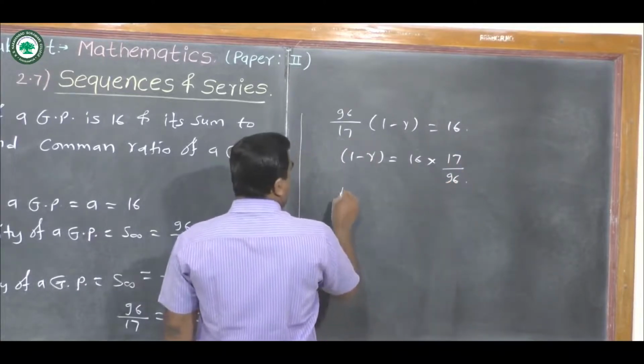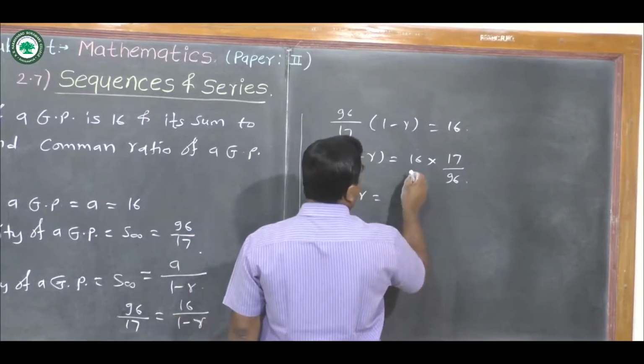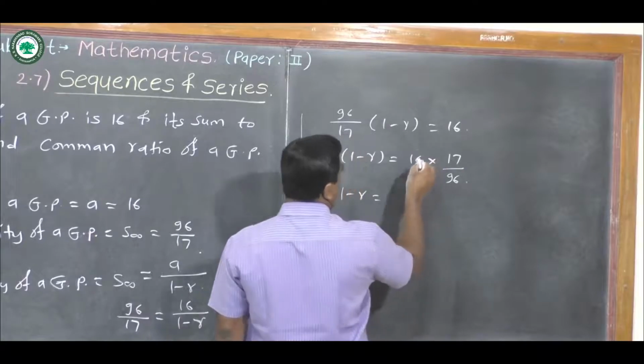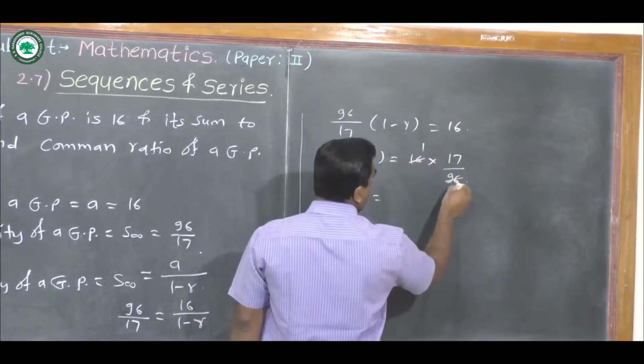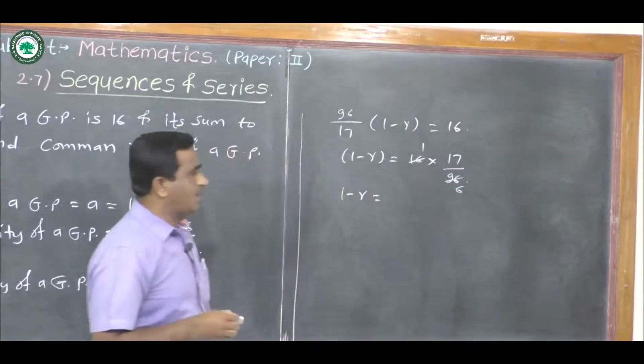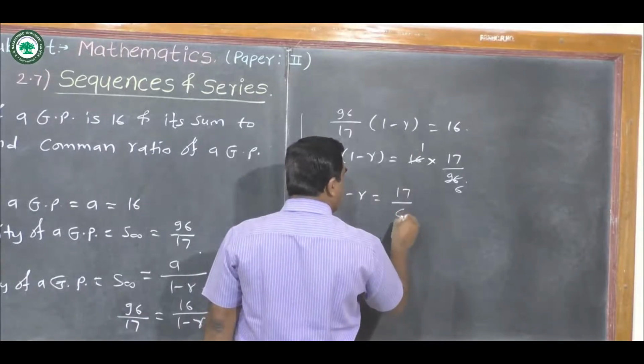That is, we can write here 1 minus R is equal to, taking division here, 16 1s are 16, 16 6s are 96. Okay, that is we get here 17 upon 6.